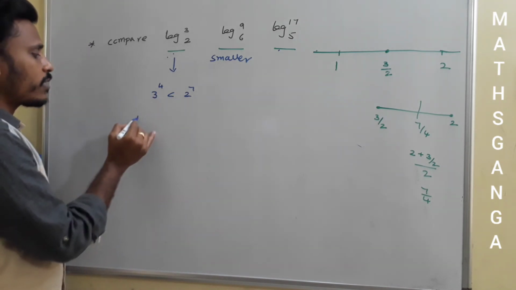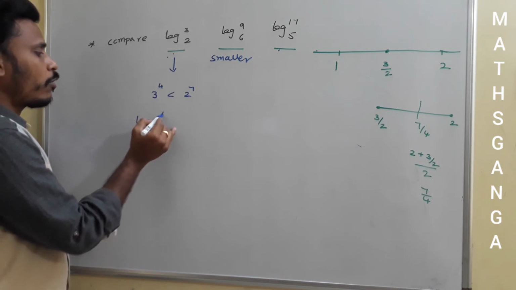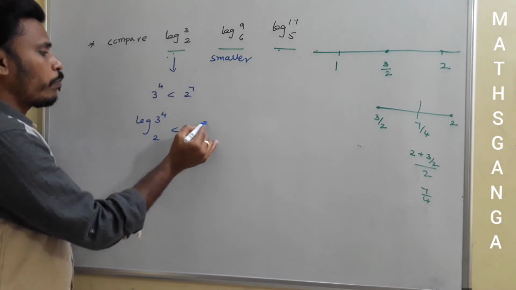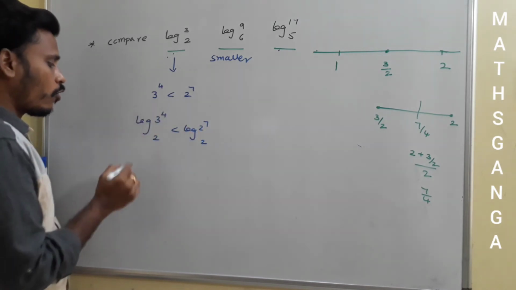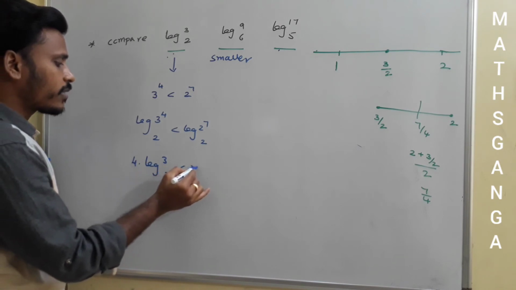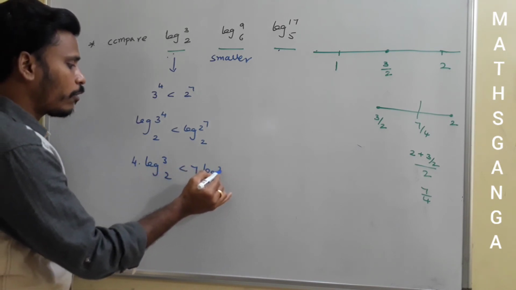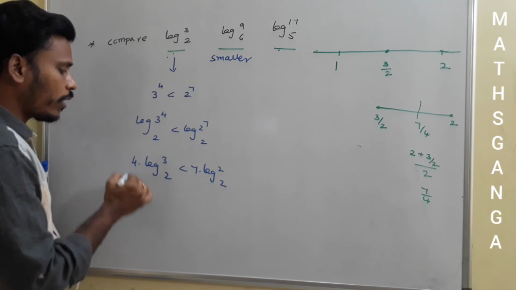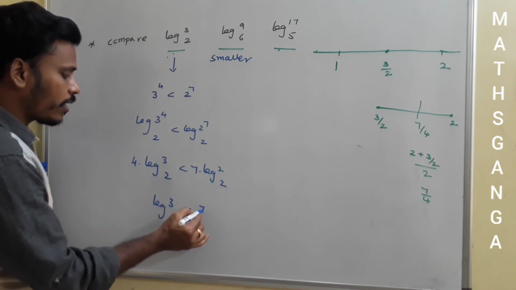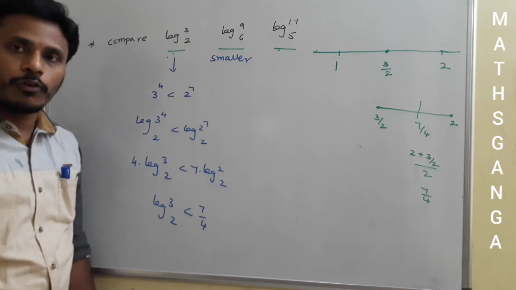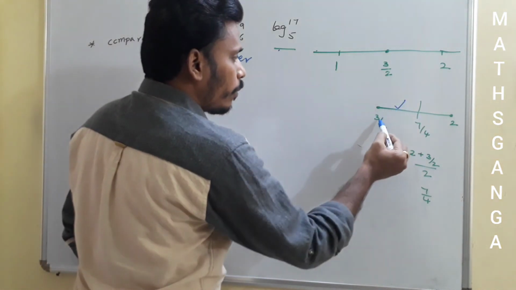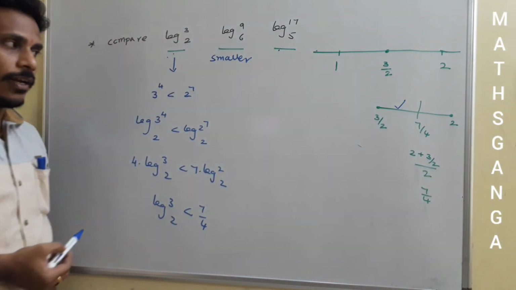Since 3 power 4 is less than 2 power 7, logarithm of 3 power 4 base 2 is less than logarithm of 2 power 7 base 2. Send this 4 out: 4 logarithm of 3 base 2 is less than 7 logarithm of 2 base 2. Since this value is 1, and sending that 4 to the other side, you will get that logarithm of 3 base 2 is less than 7 by 4. So at the end, this logarithm of 3 base 2 is in between 3 by 2 and 7 by 4.